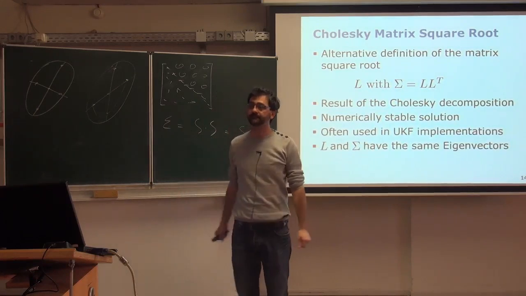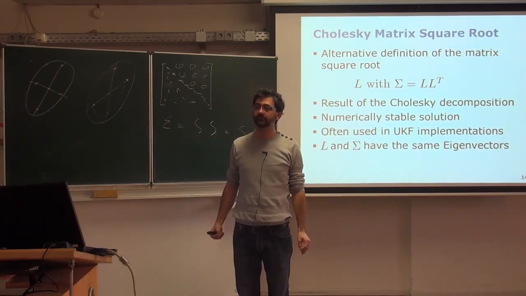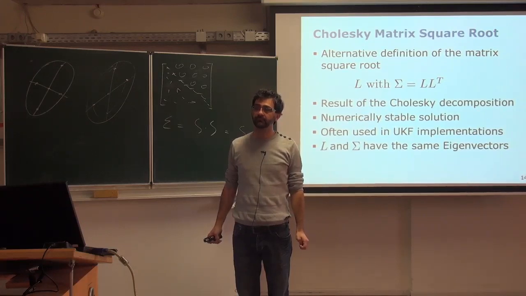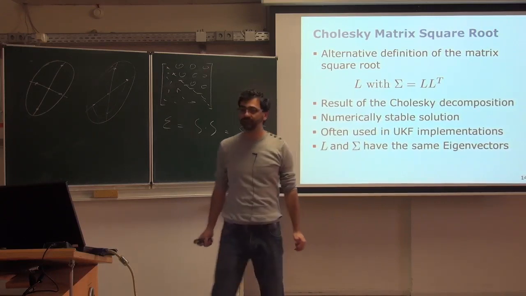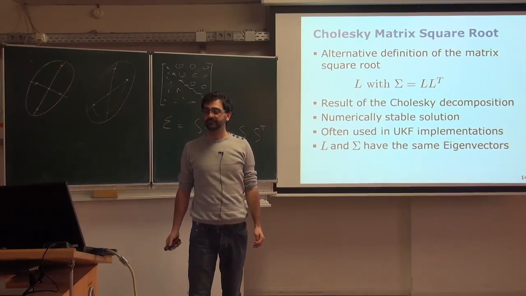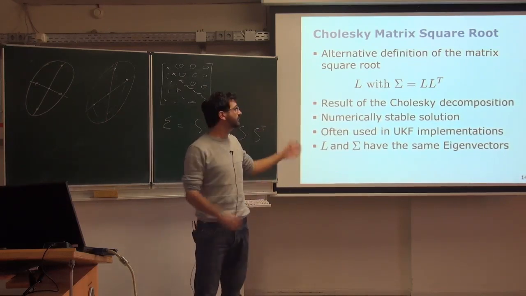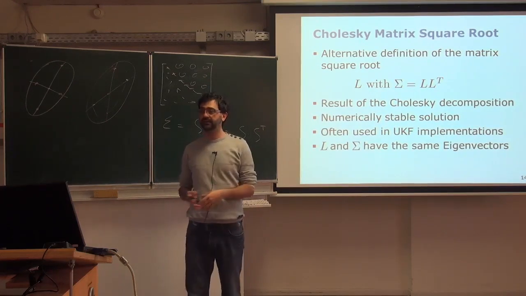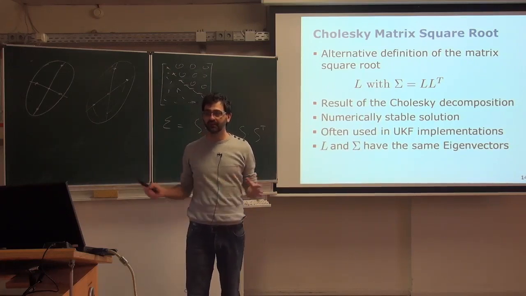Yes? Can you give us a simple example of how to calculate a square root of, for example, a 2 by 2 matrix? I mean, that will take a bit of time to compute the eigenvalue decomposition or Cholesky by hand, but the functions Cholesky and eigenvalues are implemented in any numerical tool.